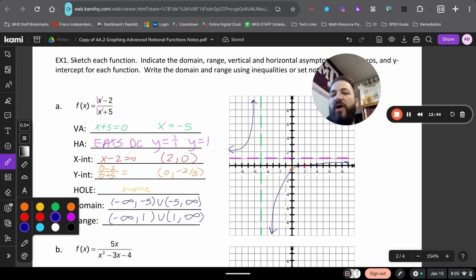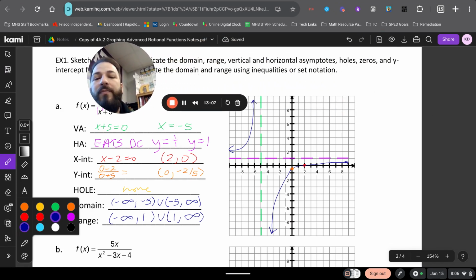Okay. But if you're ever unsure, or if you want to make sure to check, we can always plug a point in to see if that rational curve is going to be up here above my horizontal asymptote or down below my horizontal asymptote. So a point I can plug in, I want to pick a point just to the left of my vertical asymptote. So I'm going to pick this negative 6 right here.